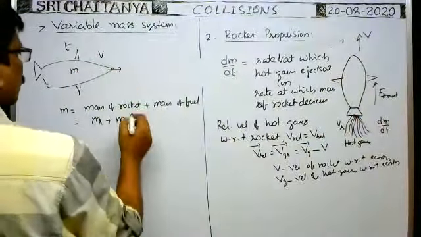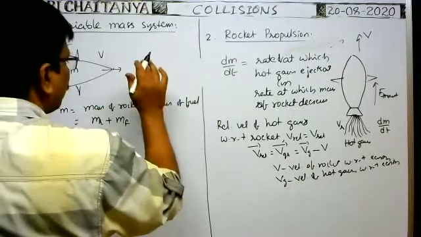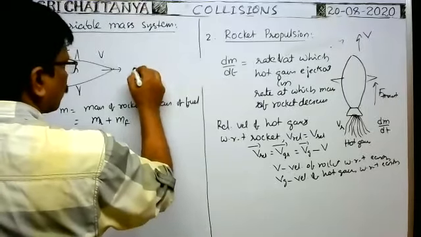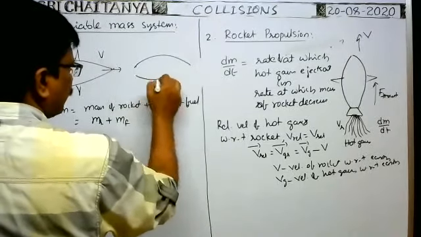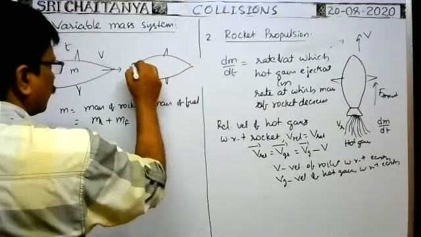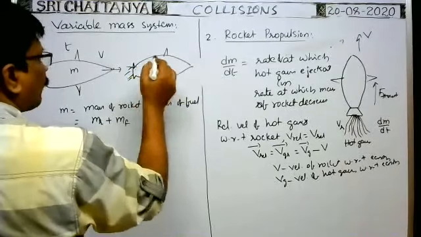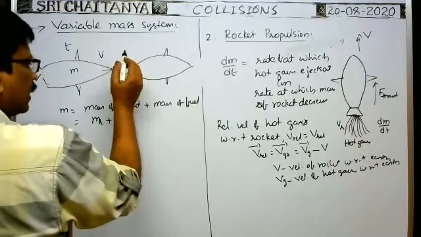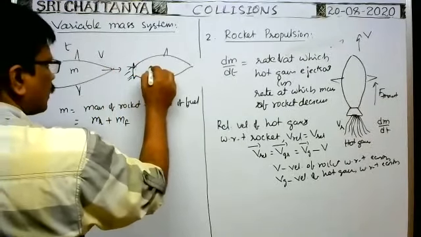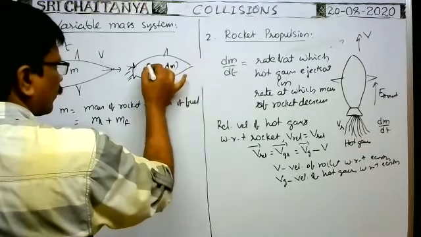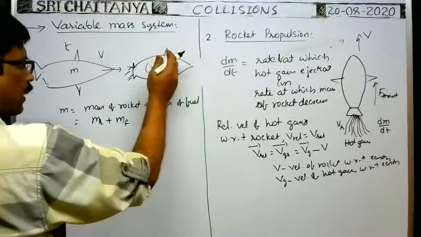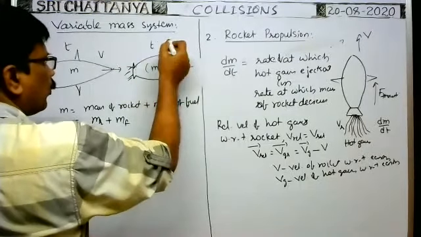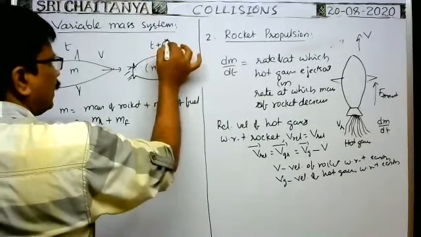Now, after dt seconds more, some mass dm of the gas ejects out. So the remaining mass is m minus dm, at the instant of time t plus dt.